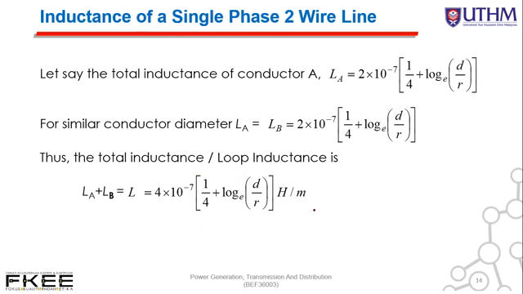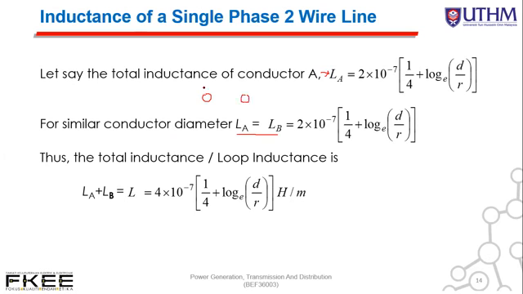Now, the total inductance of conductor A that we discussed previously is LA equal to 2 times 10 to the power of minus 7 times (1 over 4 plus ln D over R). For similar conductor diameters, LA equals LB.